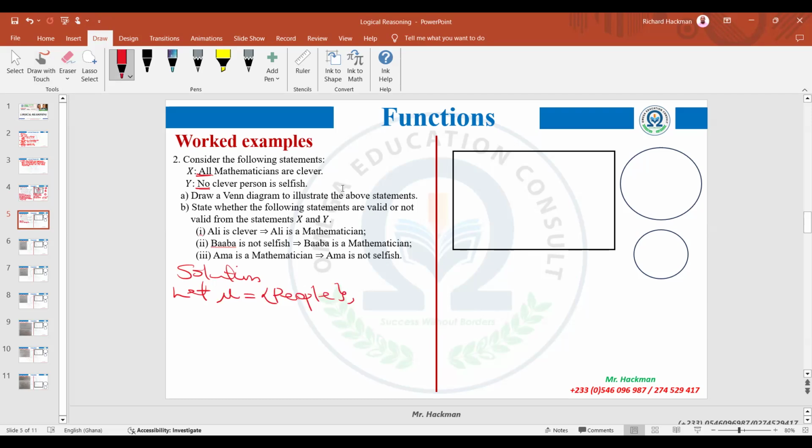Do you all agree? Are you all with me? So let me write M to be equal to a set of mathematicians.